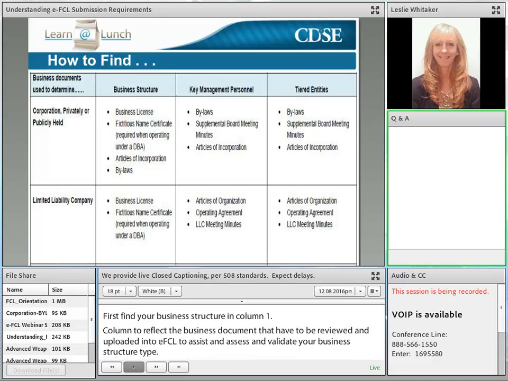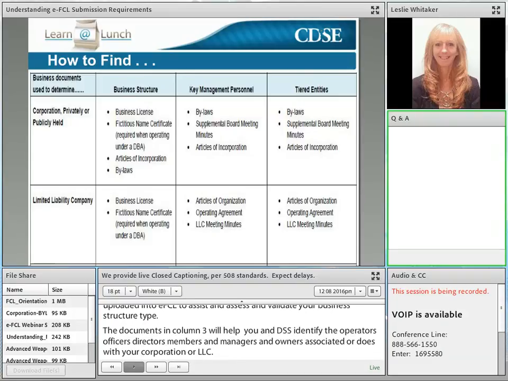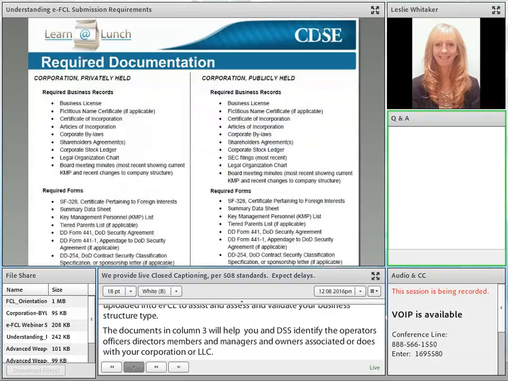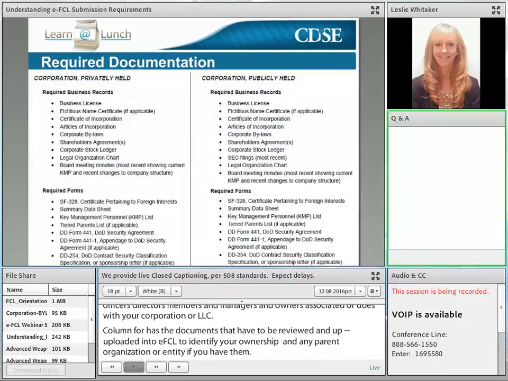And column 4 contains the documents that must be reviewed and uploaded into eFCL to identify your ownership and any parent organizations or tiered entities if you have them. Next slide. So here's the required documentation for all of the business structures. And again, they can be found in pages 4 to 8 of the job aid. But again, we're just going to focus on corporations and LLCs for our discussion today.